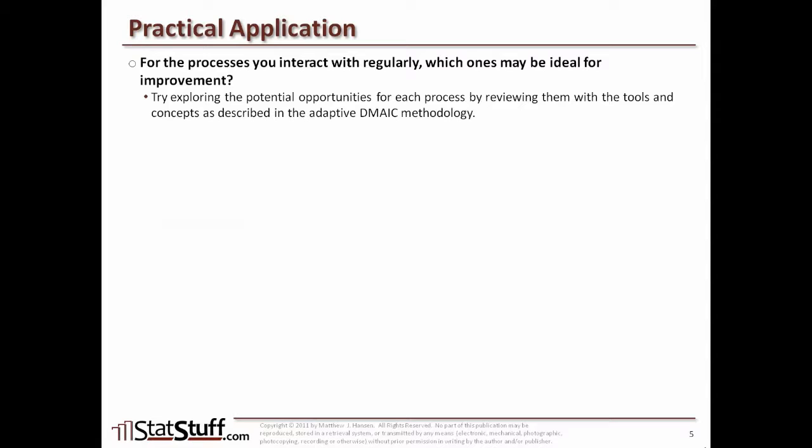And then use those as a guide as you walk through the lean adaptation to the DMAIC roadmap, and try to walk through and see what tools or concepts are listed there that might help you in trying to improve that overall process, and see if there are certain tools or concepts you might find yourself using more often than another. But I would, regardless, challenge yourself to ask those questions at least within each of those phases, and let those tools and concepts guide you of how you might be able to answer those questions, and see if it does make an overall difference in improving that particular process.